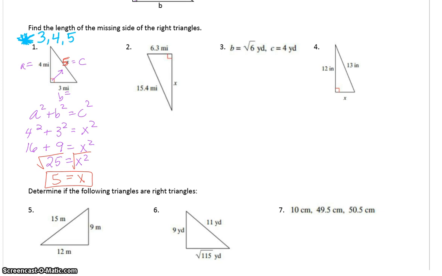Okay, let's look at number 2. Across from the right angle is your hypotenuse. That is c. After that, it does not matter which one you call a and which one you call b.